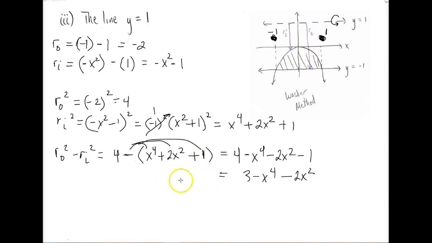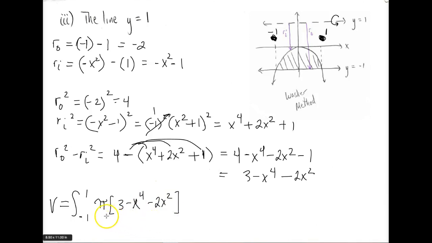And so this is what we'll use. Our volume, again, is from -1 to 1 of the area, which in this case is pi times the outer radius squared minus the inner radius squared, which would just be all this business here, the 3 minus x to the 4th minus 2x squared dx.